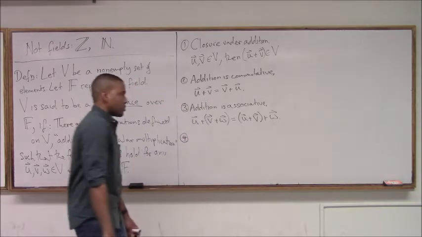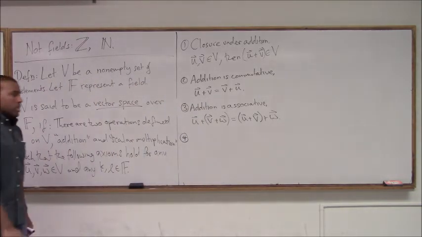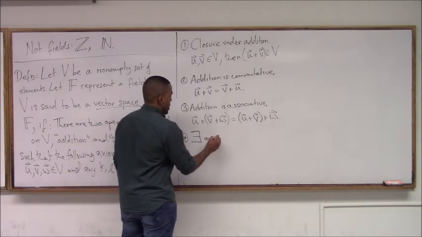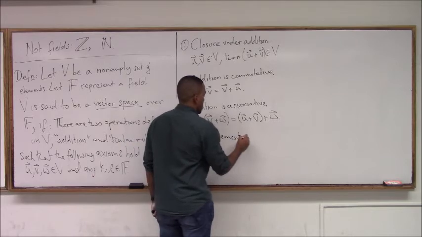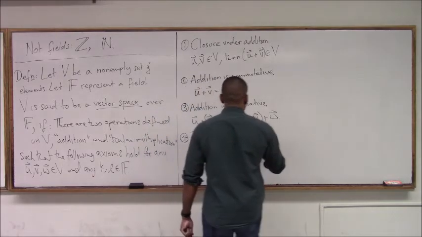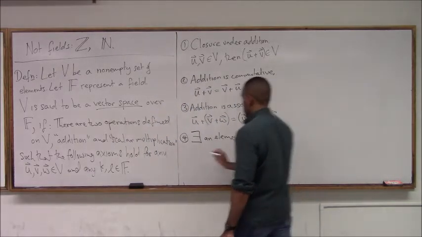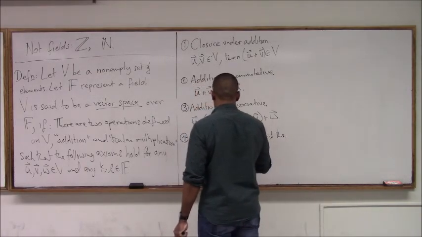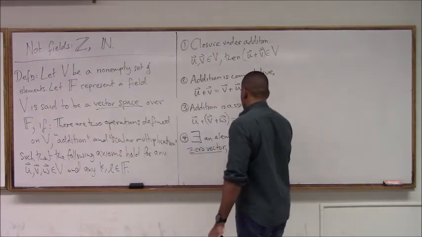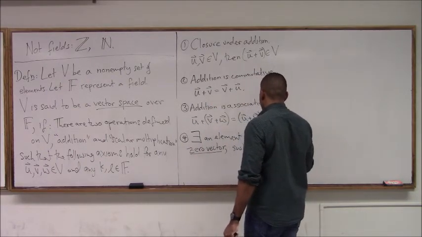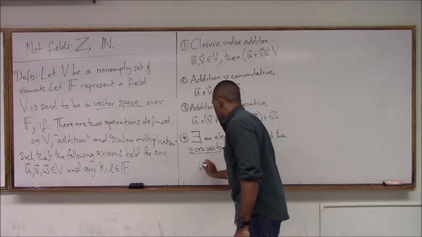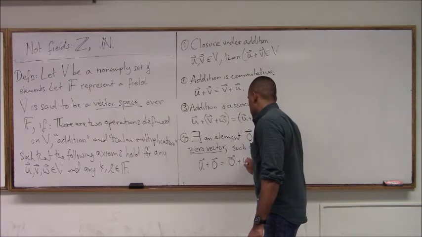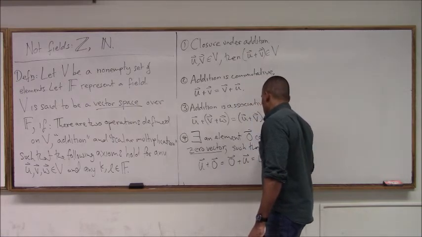4. There is the existence of a zero vector. There exists an element called, and that's a notation, the zero vector, such that, here's a definition of the zero vector, if you take u and you add it to 0, or if you take 0 and you add it to u, you get u.